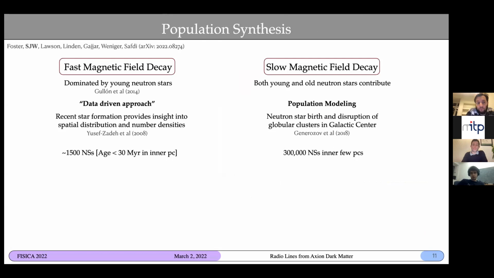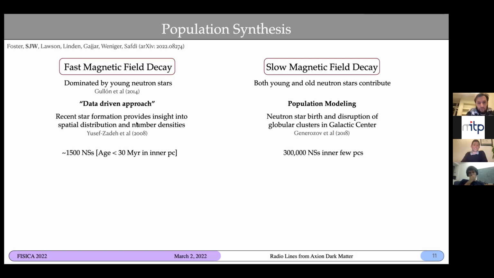So depending on these models, we can try to approach the spatial distributions and the birth rates in very different ways. If we're talking about a fast magnetic field decay model, we expect this population to be dominated by young stars, particularly stars that are, say, mega-year to 10 mega-years old, simply because anything that's older than that will have already decayed past that conversion line and will no longer allow for resonant conversion.